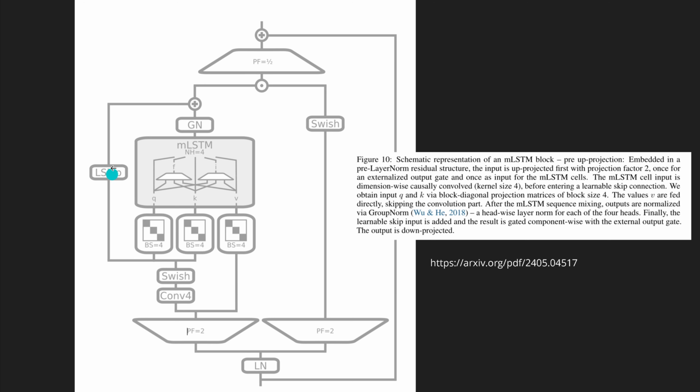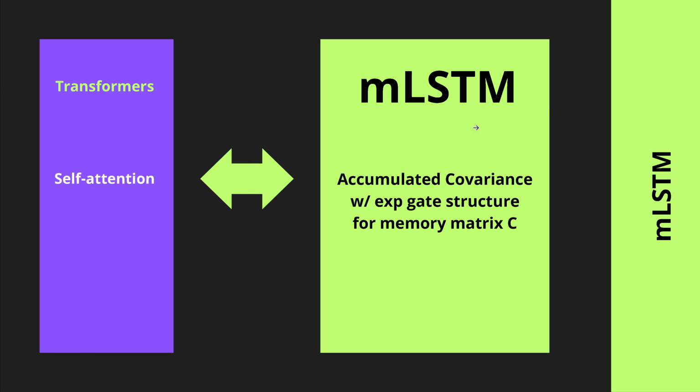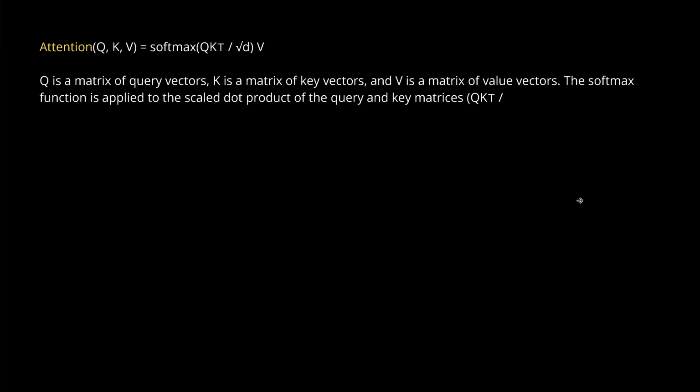Of course, we have learnable skip functions and pre-layer normalization, as I told you, and stability factors. But I wanted to focus on the main idea of this new model. And there you have it. Transformers have their self-attention, and this new model works with an accumulated covariance with an exponential gate structure for access to the memory matrix C. This is all there is to learn.